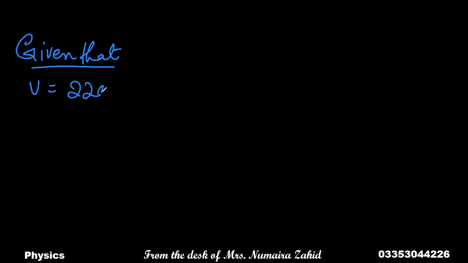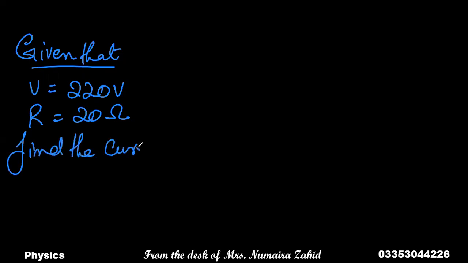Using Ohm's law to find current: given a voltage of 220 volts and a resistance of 20 ohms, you need to find the current flowing through the conductor.